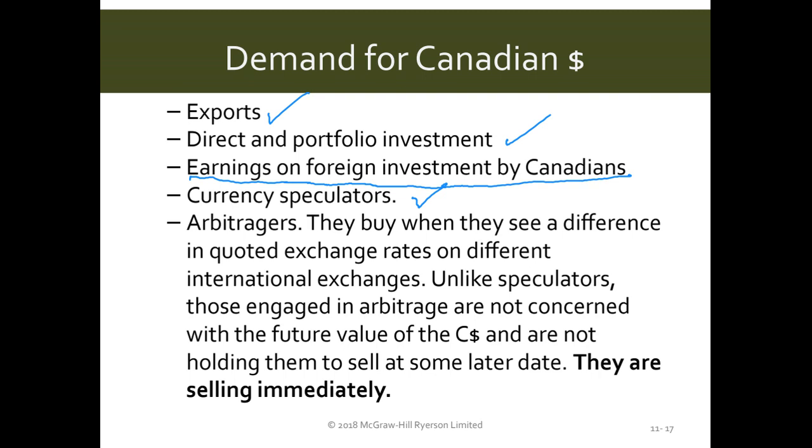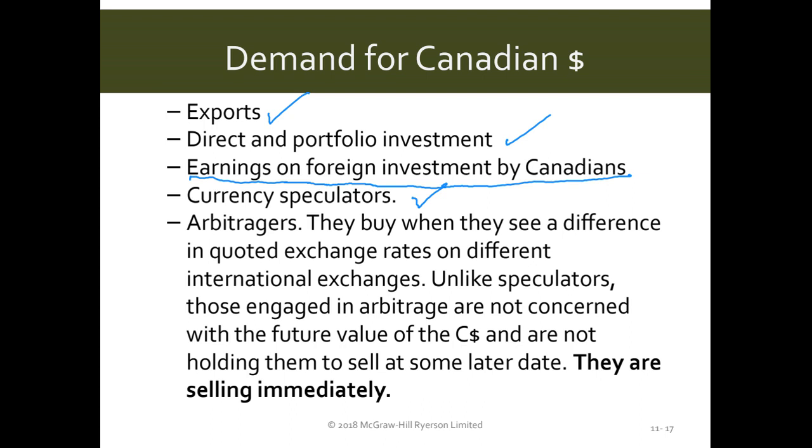They buy when they see a difference in quoted exchange rates on different international exchanges. Unlike speculators, those engaged in arbitrage are not concerned with the future value of the Canadian dollars and are not holding them to sell at some later date.